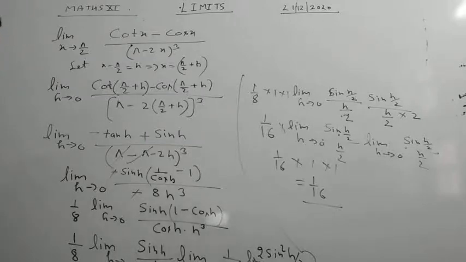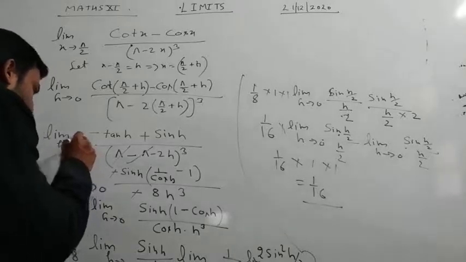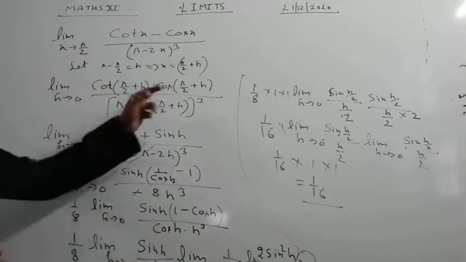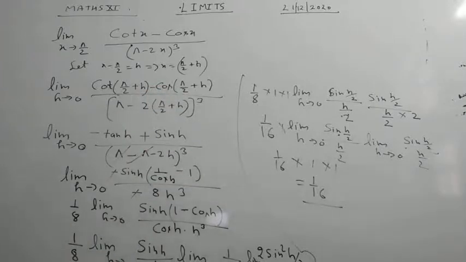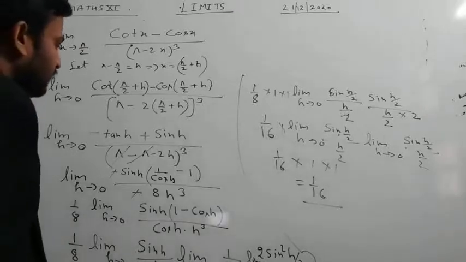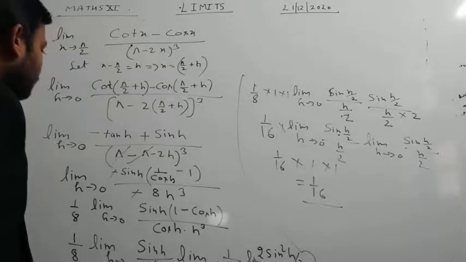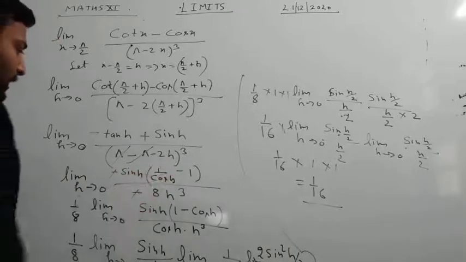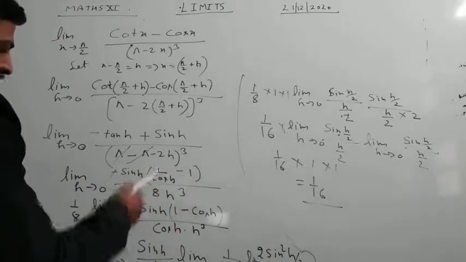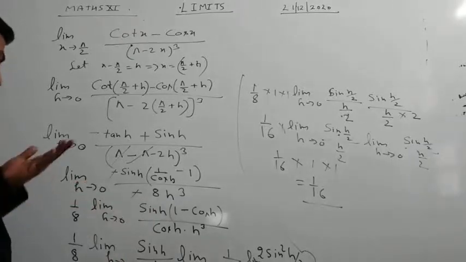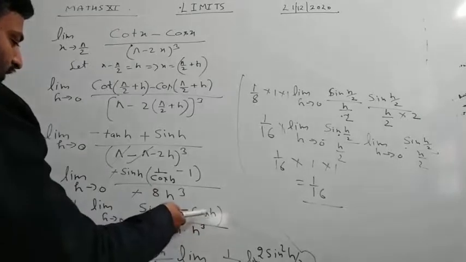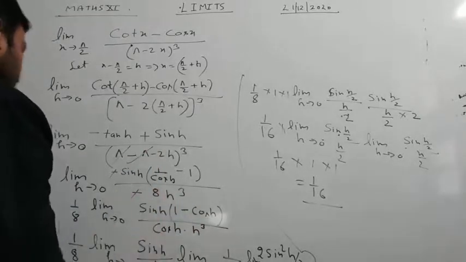Cot(90 plus theta) is minus tan theta, cos(90 plus theta) is minus sin theta. So pi minus 2h whole cube, minus sin h (1 by cos h minus 1) over minus 8h cube, minus cancels, and this is sin h (1 minus cos h) by cos h into h cube.